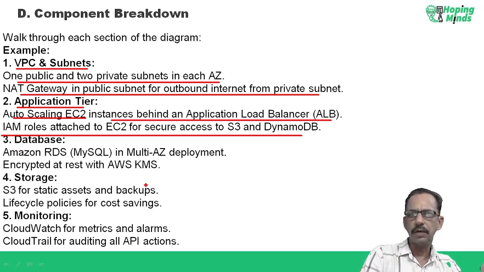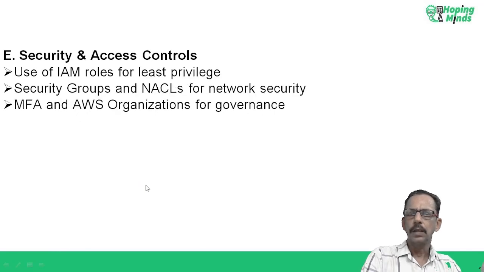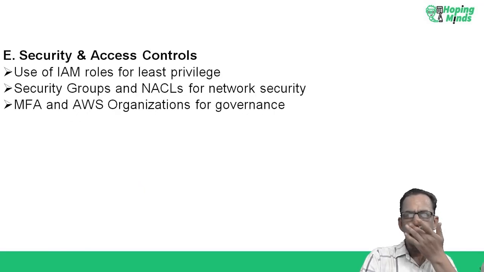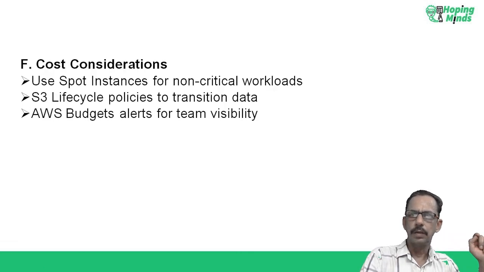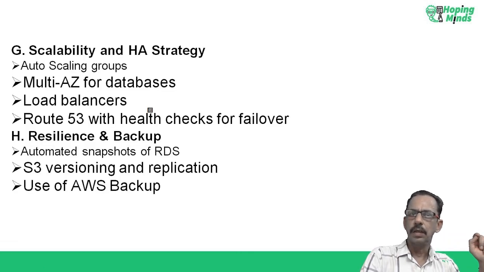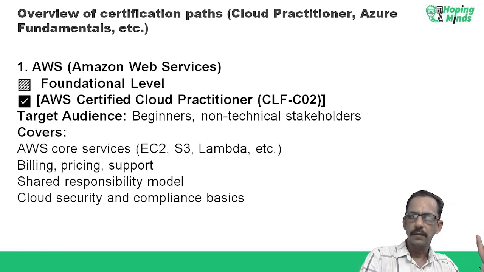So this way you can design what you want actually. Security and access control, use the IAM role for least privilege, that I can show here also. Cost consideration, scalability and high availability strategy, where we have to put our load balancer, where S3 will work, resiliency and backup. So everything we can do here.